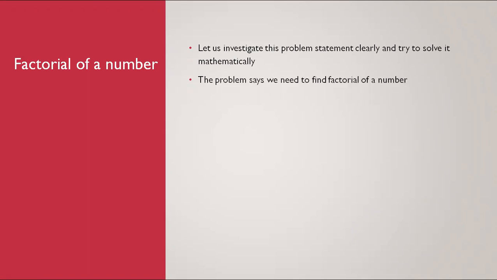The problem says we need to find the factorial of a number. How do we find it mathematically? Let us assume that we have a number n. To find the factorial of a number, there are two rules we need to know. One is n factorial equals n into n minus 1 factorial.